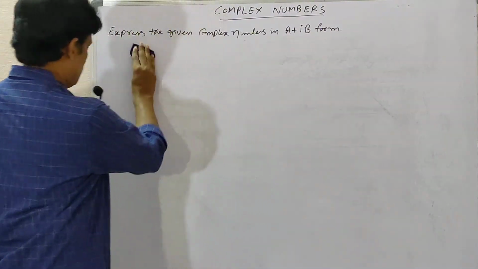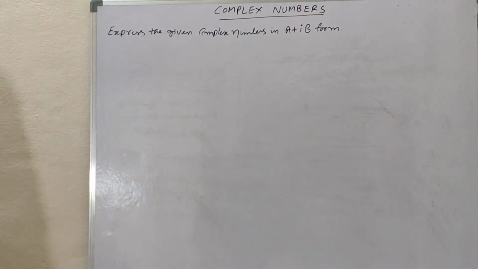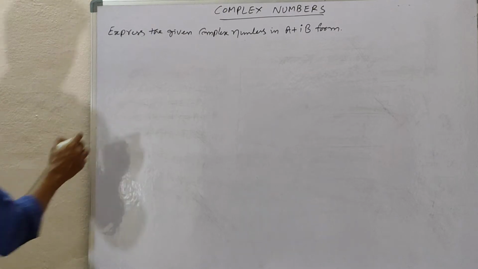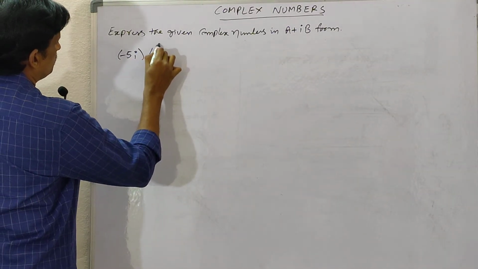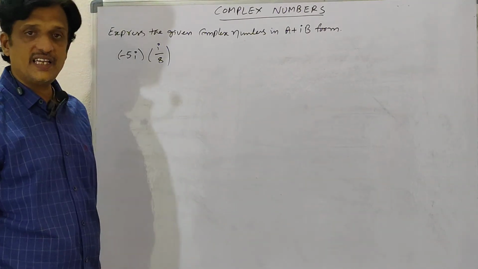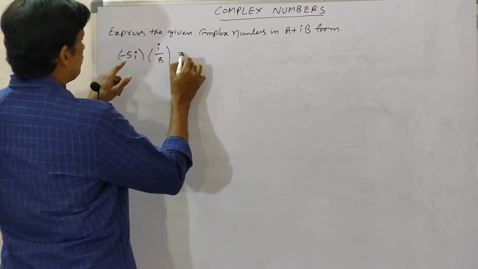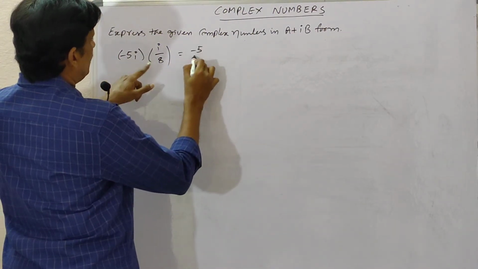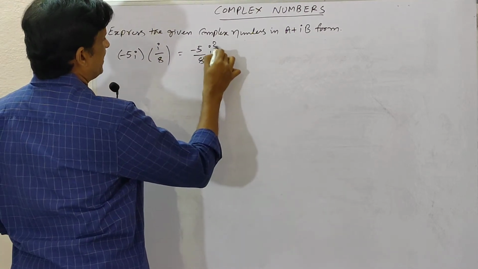Now the next one is minus 5 by 8 into i, times i. Multiply this. Minus 5 by 8 we are getting. i into i will be i square.